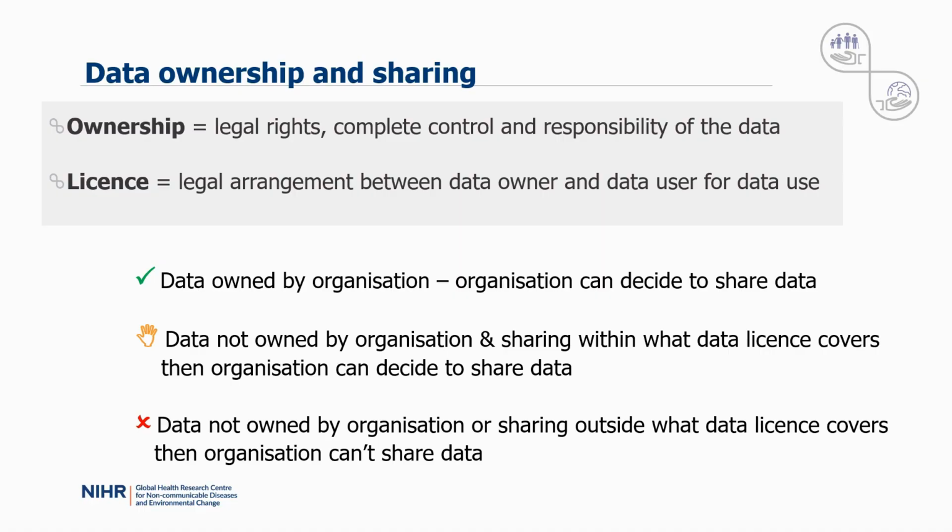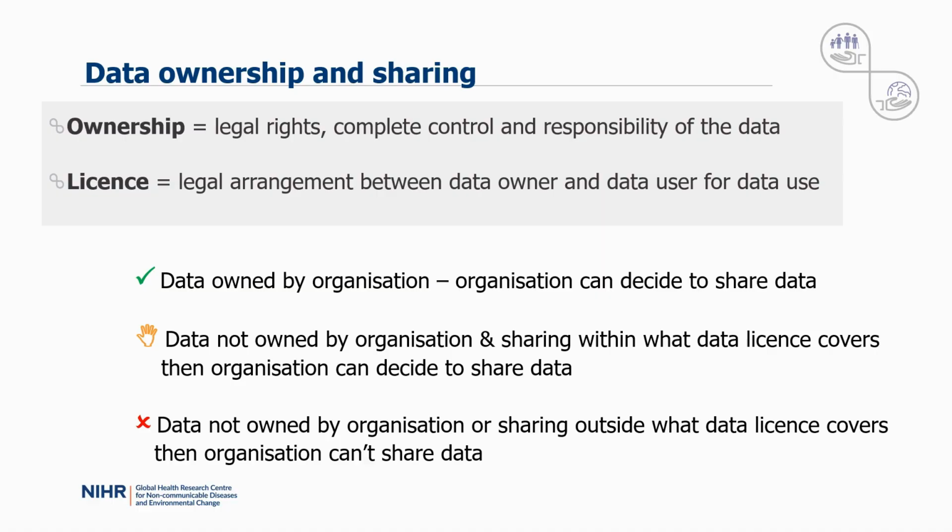So a few definitions. When we say data ownership, this means legal rights, complete control and responsibility of the data. By license, we mean a legal arrangement between the data owner and the data user for that data use. So where this comes into play is really the decision making about who can make the decision to share the data.